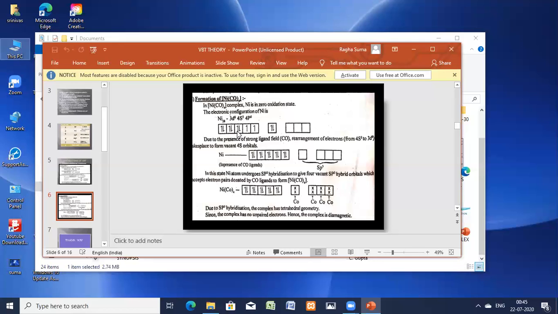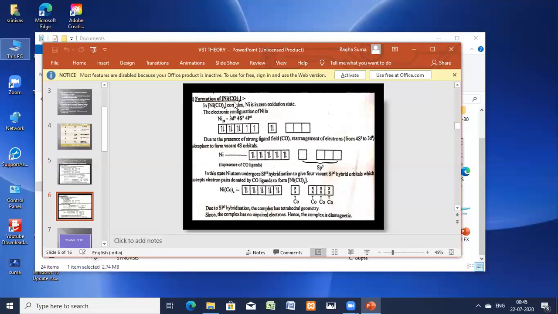Now, the d orbital has 8 electrons: 1, 2, 3, 4, 5, 6, 7, 8. The s orbital has 2 electrons. The p orbital has 0 electrons, empty orbitals. So the (n-1)d orbital, ns and np are involved. Now, carbon monoxide is a strong field ligand.